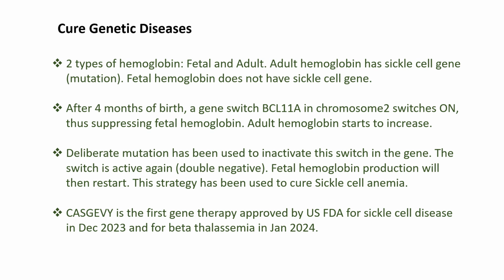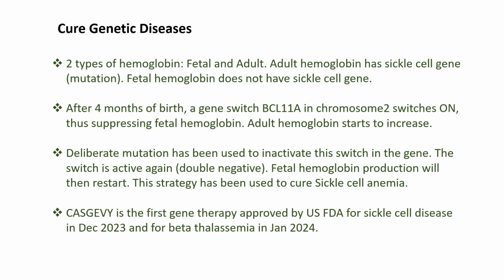As adults, we have adult hemoglobin, which can carry the sickle cell gene. When the gene switch, BCL11A in chromosome 2, was cut by CRISPR, the off switch became inactive. Fetal hemoglobin production restarted while adult hemoglobin decreased.